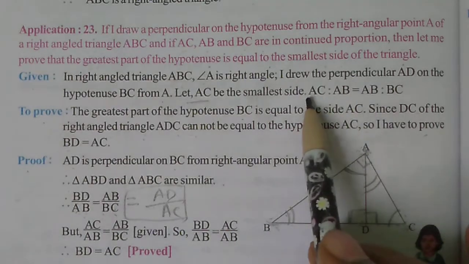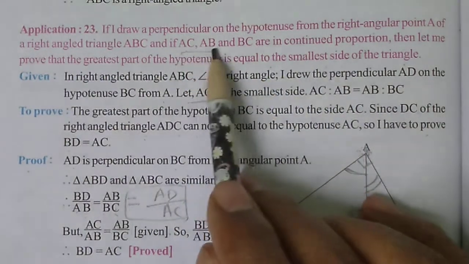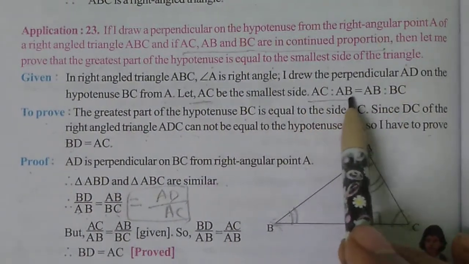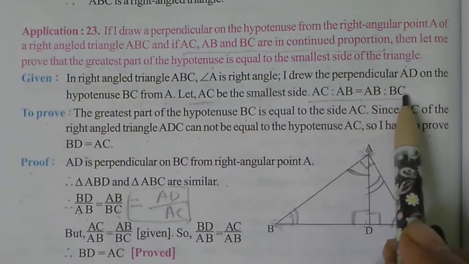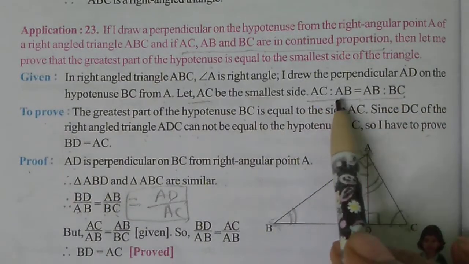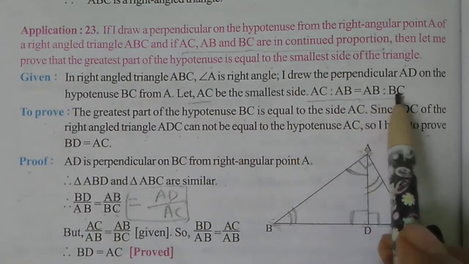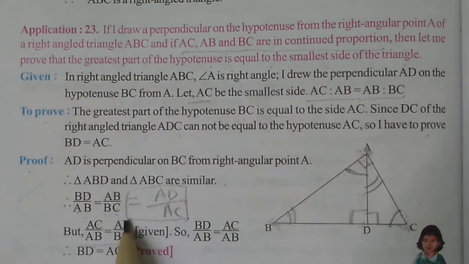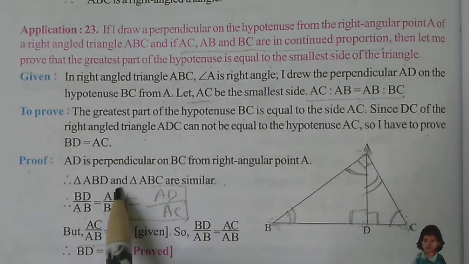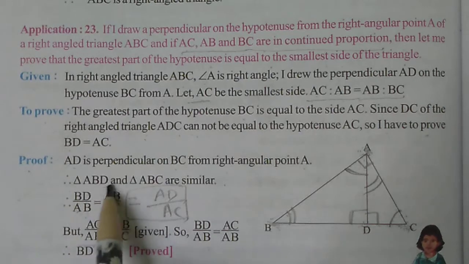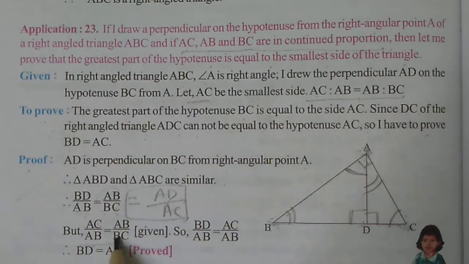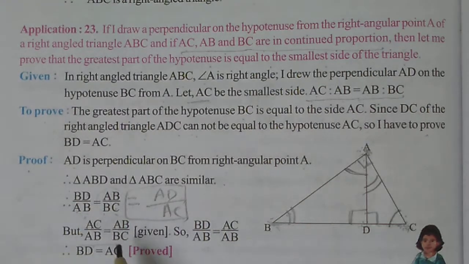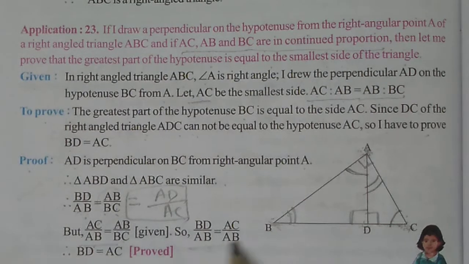And it is given that AC, AB and BC are in continued proportion. Hence, AC is to AB equals AB is to BC. That is, AC by AB equals AB by BC. This is given. And from these two equations, AB by BC is equal. Hence, we can write BD by AB equals AC by AB. So from these two equations we can write BD by AB equals to AC by AB.